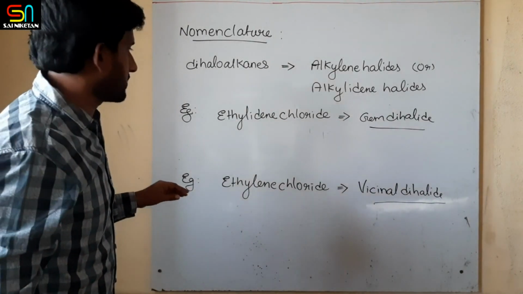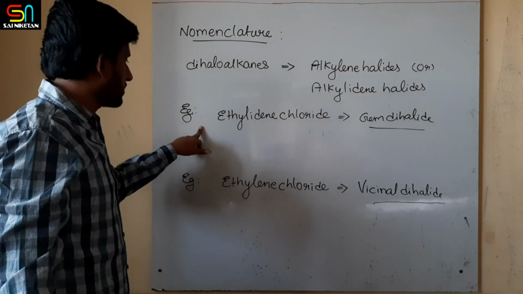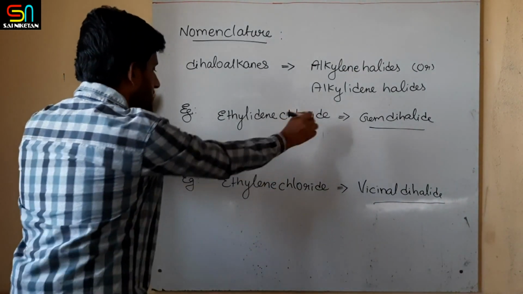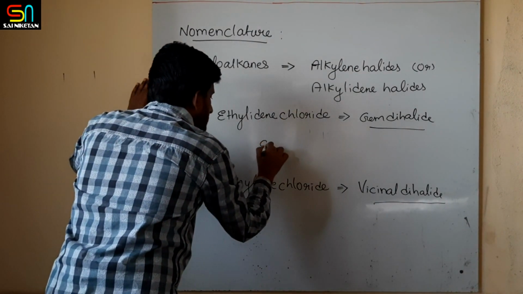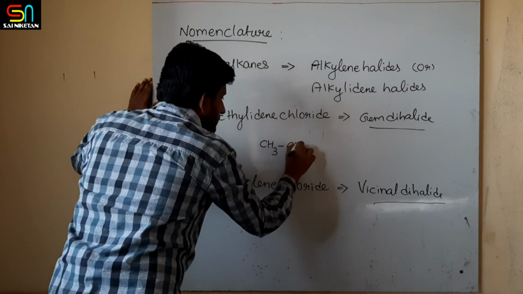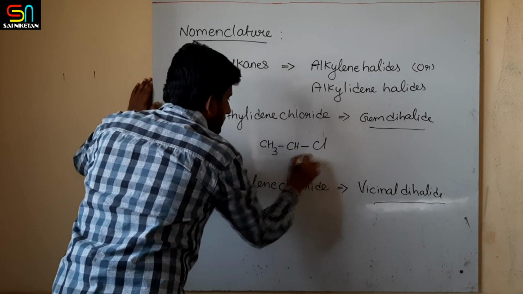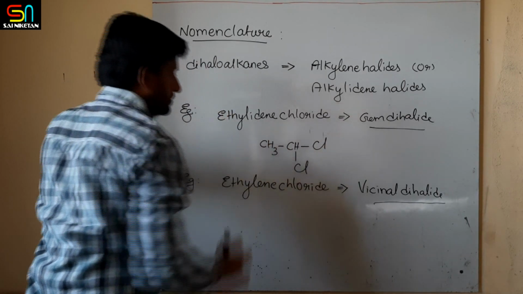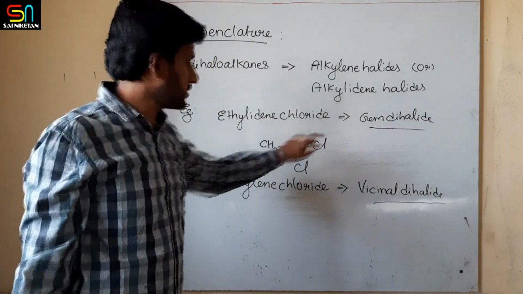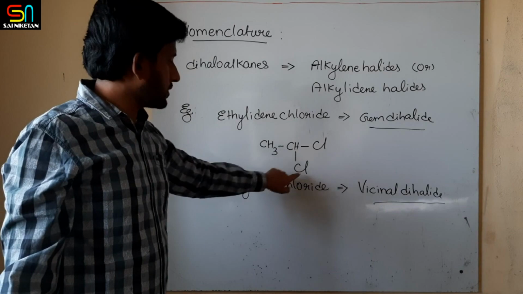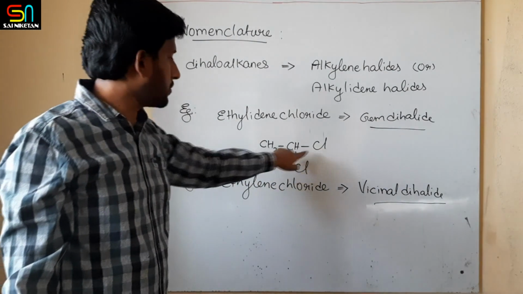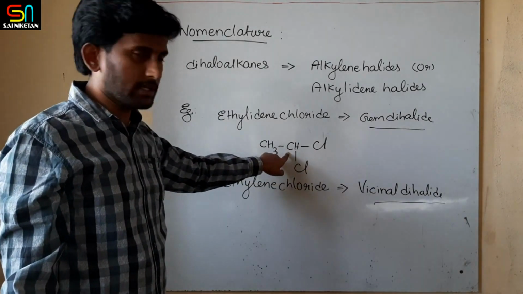So in that case, what will be the IUPAC nomenclature of ethylidene chloride and ethylene chloride? Ethylidene chloride means, now I am writing here CH3, CH, Cl and Cl. As I said, ethylidene is used for gem. So that means both the chlorine atoms are present on the same carbon.